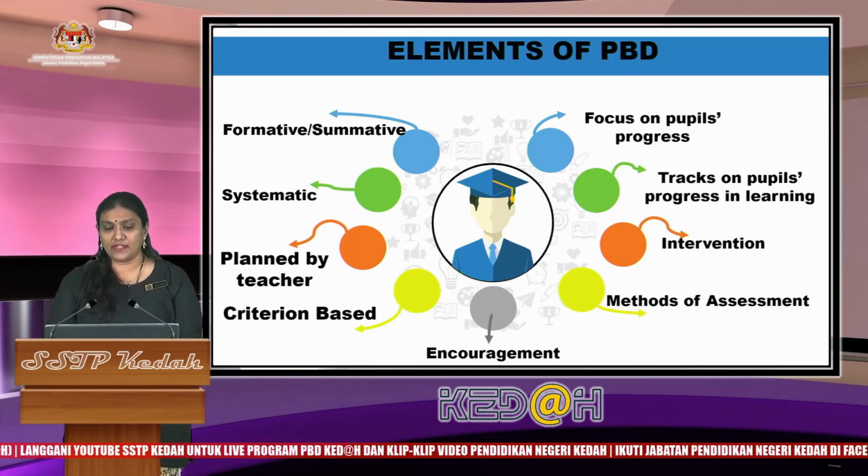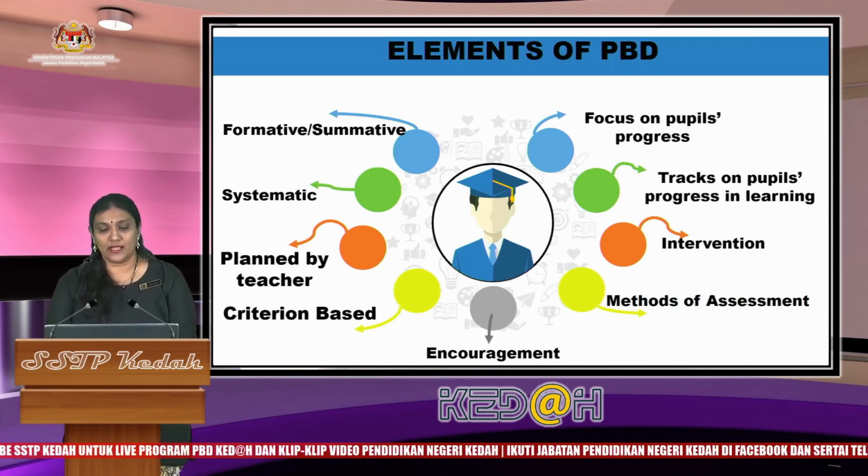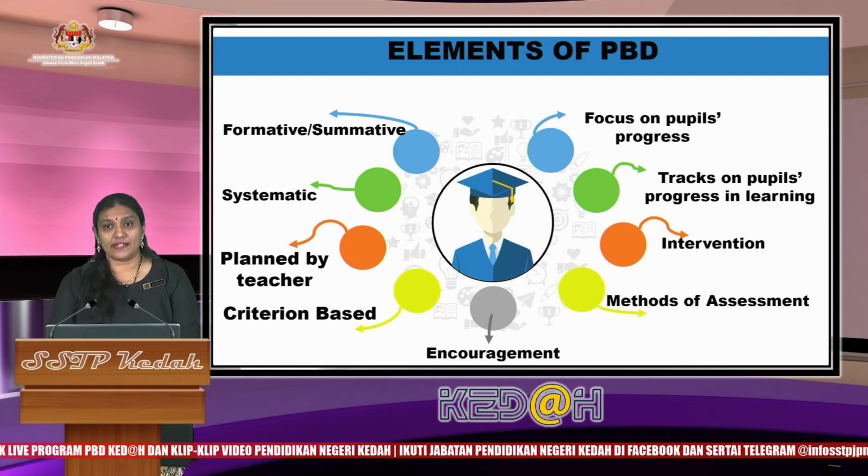Next, it is criterion-based, where teachers assess pupils' performance based on content standard, learning standard, performance standard, and performance level. Another element is it focuses on the pupil's progress, and this is done based on pupils' ability and not by comparing the pupils.